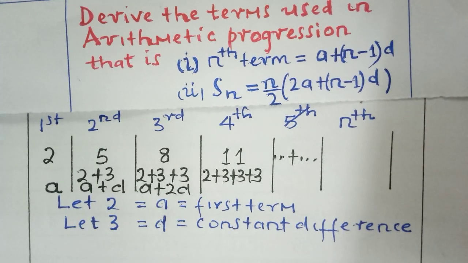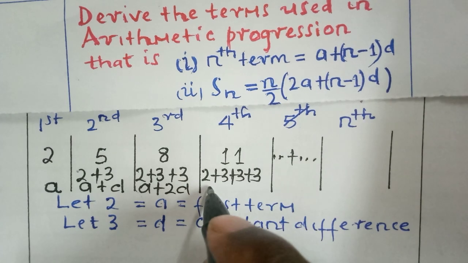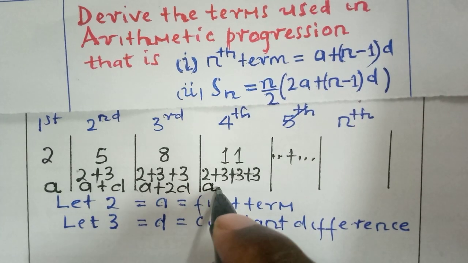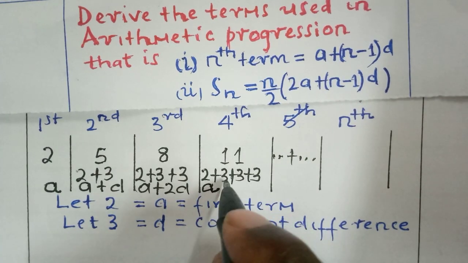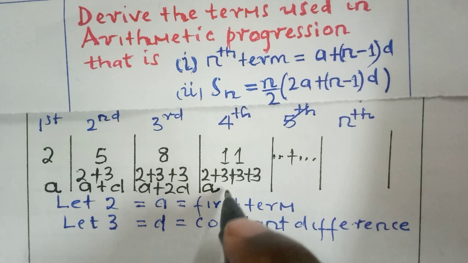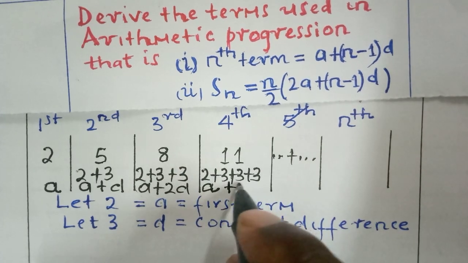Coming to this position, we have A, and these are D's, which are 3, so this one is going to be 3D.